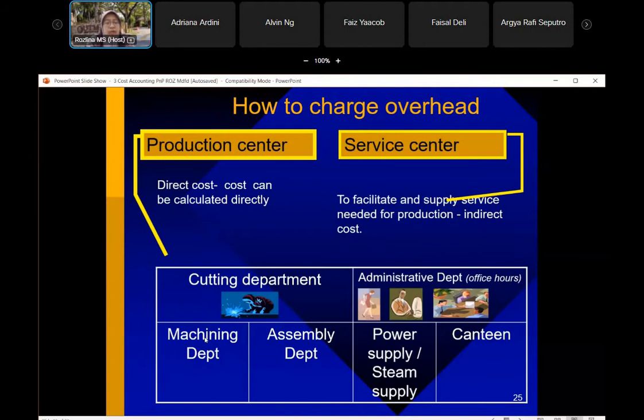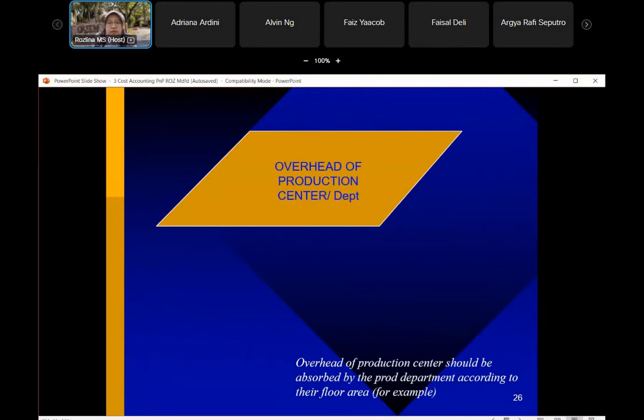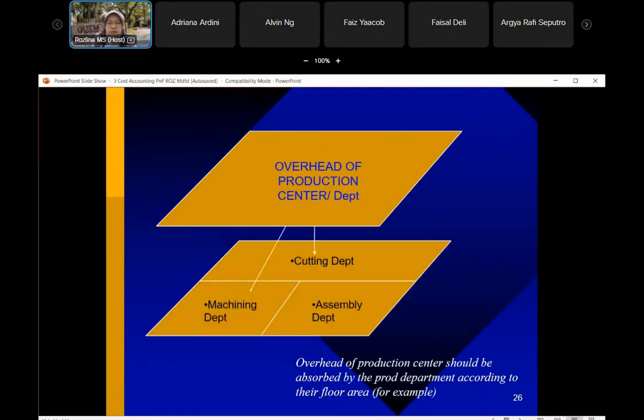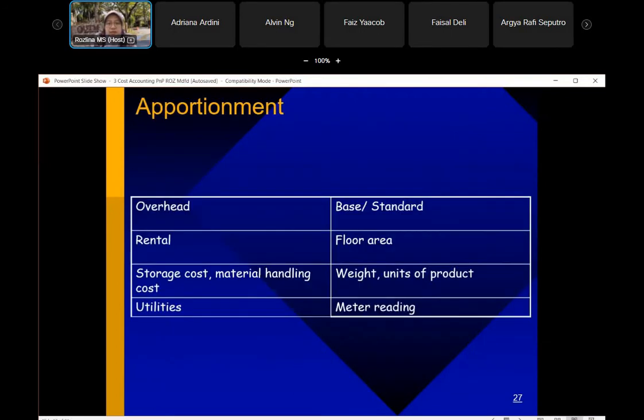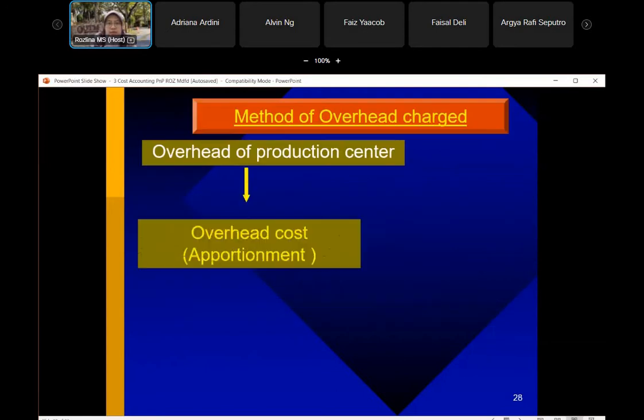Labor cost and material cost are sometimes indirect, so there is another method for that. Service center we normally consider as overhead. The overhead of the production center, we distribute to the department. This you have done.